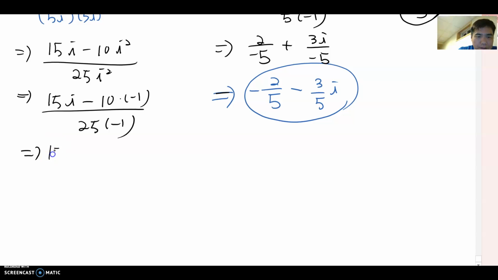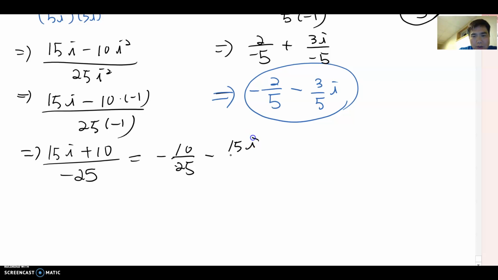So 15i plus 10 over negative 25. Now you need to make the same thing happen here: negative 10 over 25 minus 15i over 25, and you have to simplify. Then eventually you will get the answer here.